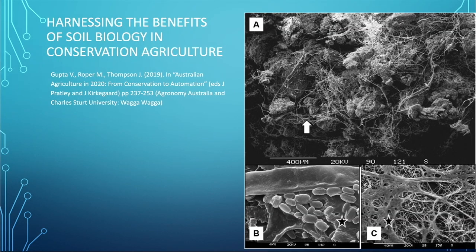So I've really zoned in on one review, which is called Harnessing the Benefits of Soil Biology in Conservation Agriculture. This is part of a book by Agronomy Australia and Charles Sturt University. I highly recommend getting this PDF and looking at it for yourself if you're interested.